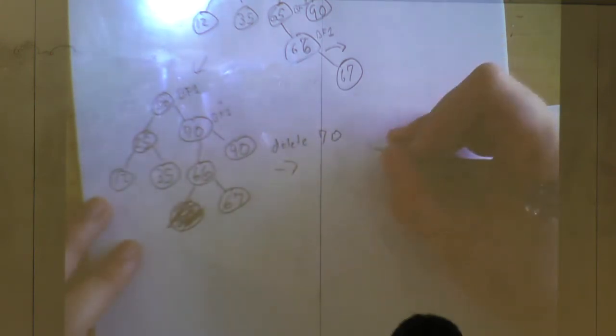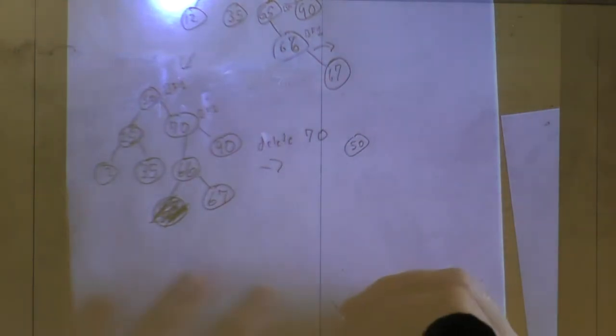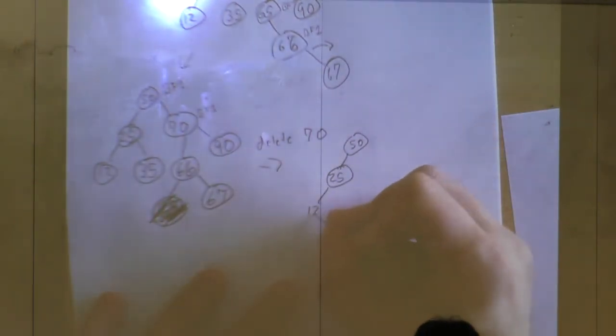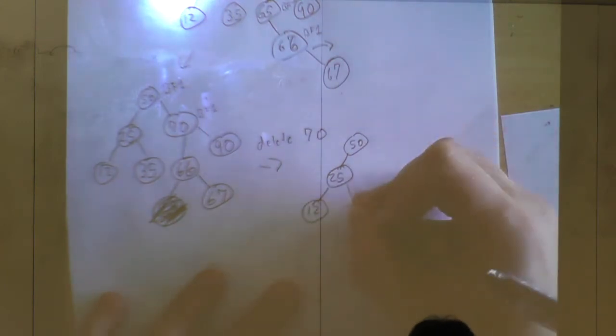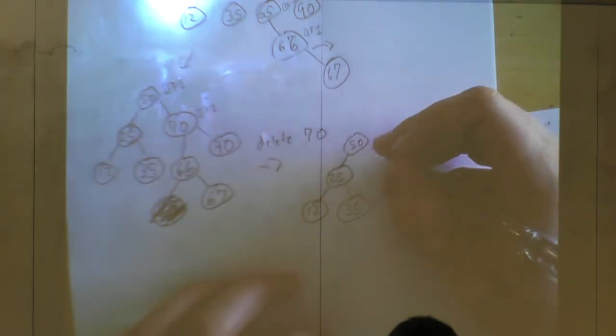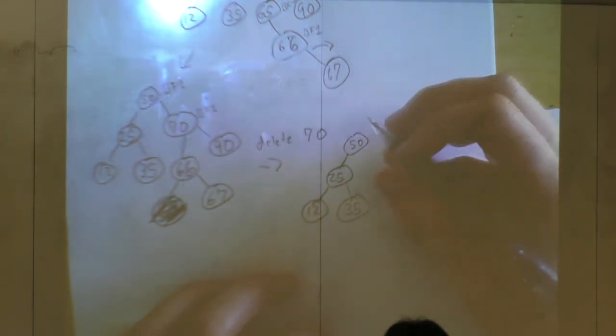Now, if you want to delete 70, you're going to have 50, 25, 12, 35. Now, we deleted 70, so we're going to go to the bottom rightmost node in the left subtree.